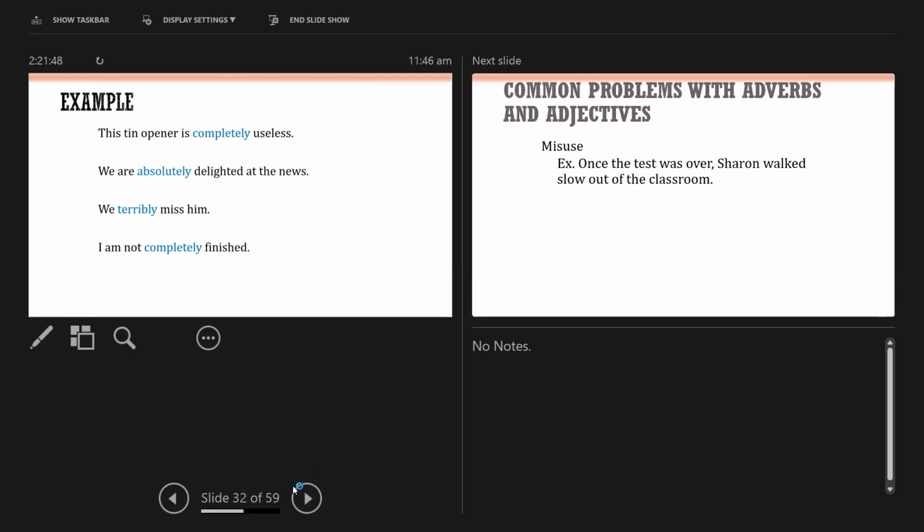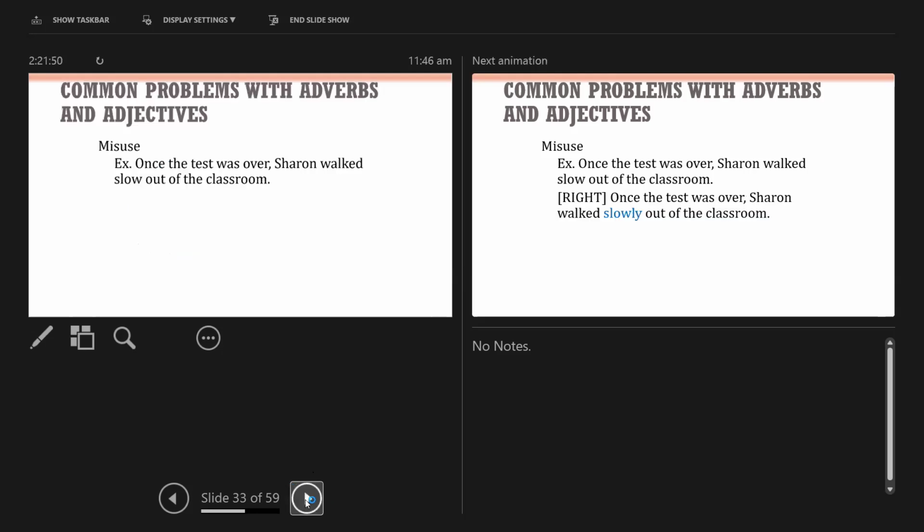Common problems with adverbs and adjectives. This is something that you should avoid. Okay. First one is misuse. Once the test was over, Sharon walked slow out of the classroom. What's the mistake here? I have a clue. There's an error in the sentence. So what is the error?